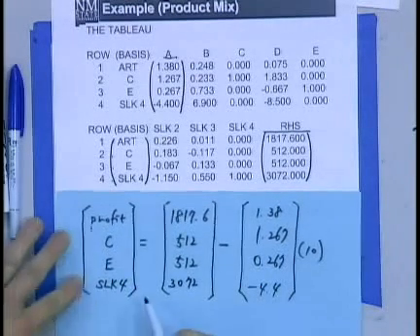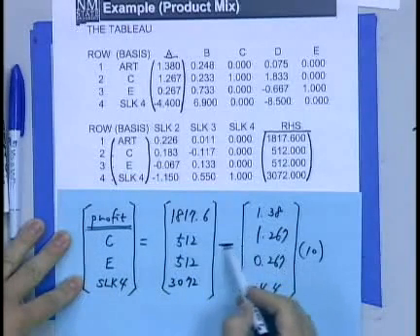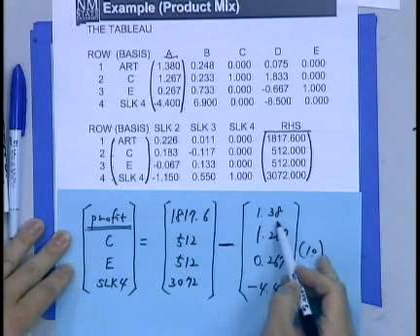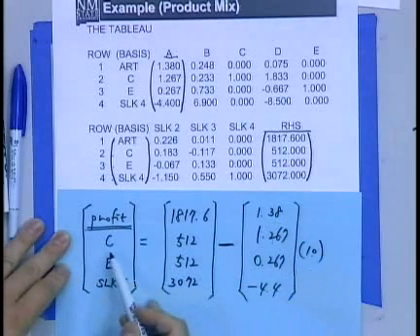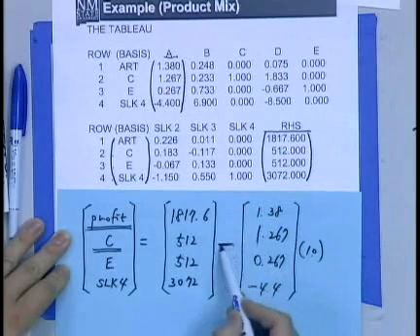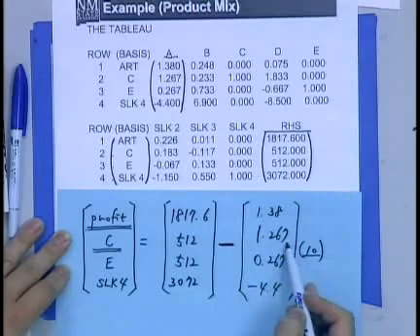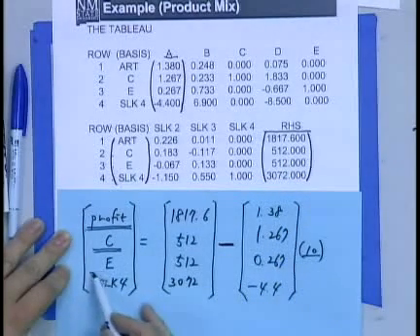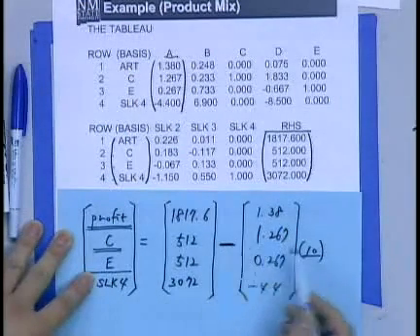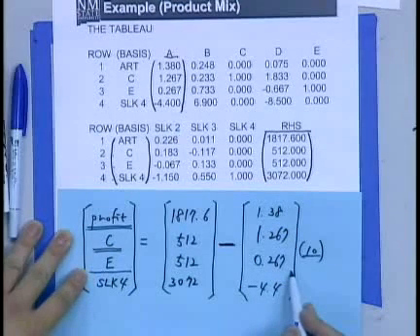So I would say the profit will be decreased by 10 times 1.38. The production of C will be decreased by 10 times 1.267. The production of E will be decreased by 10 times 0.267.